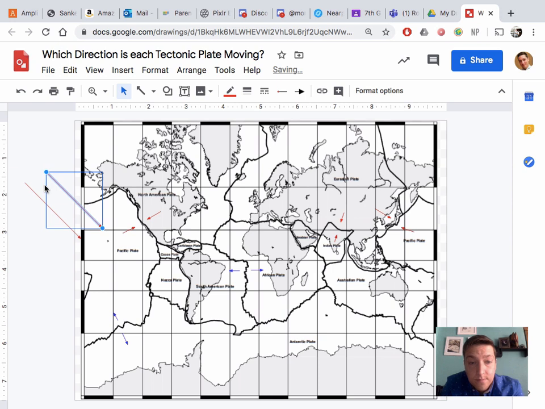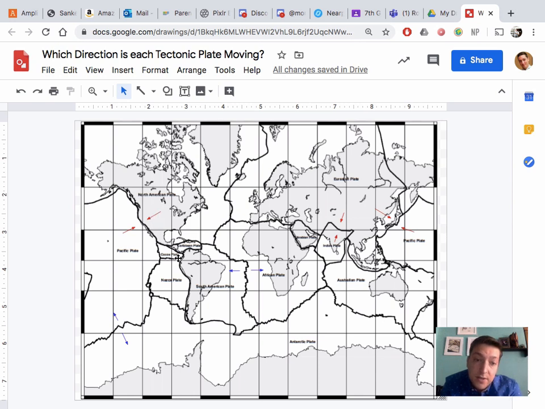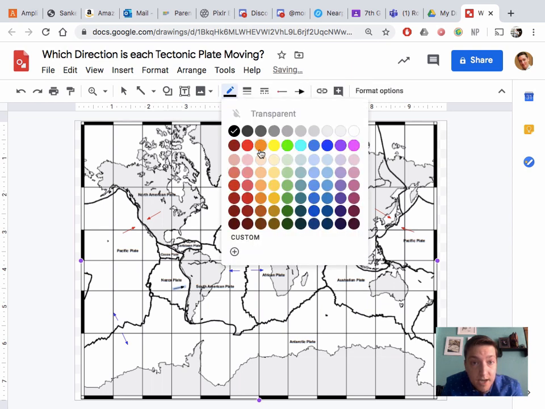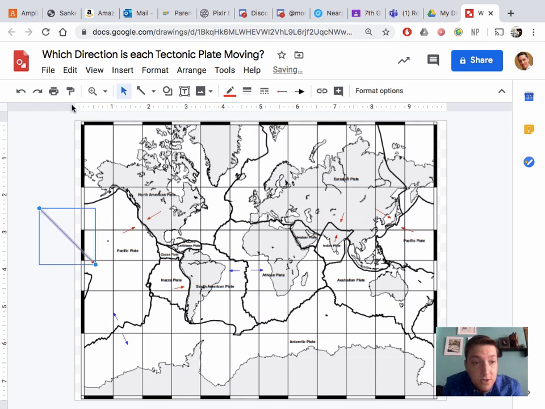Other big mountain ranges, you can do the same thing. Like the Andes mountain range is here, so that's probably convergent.